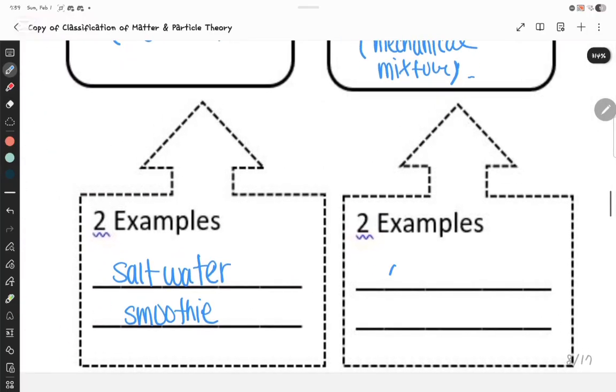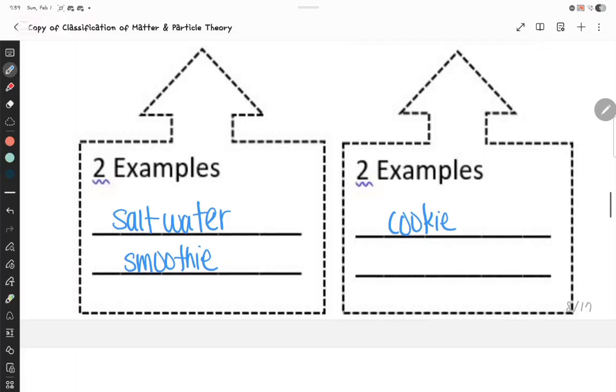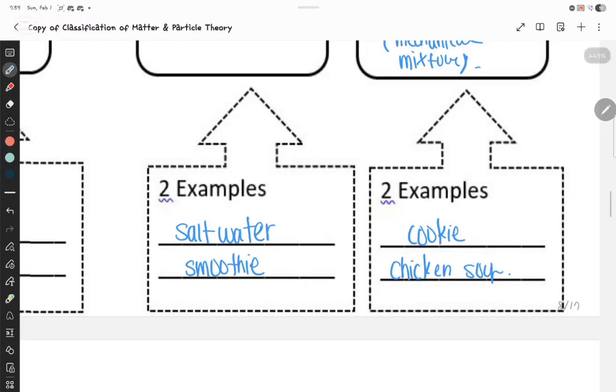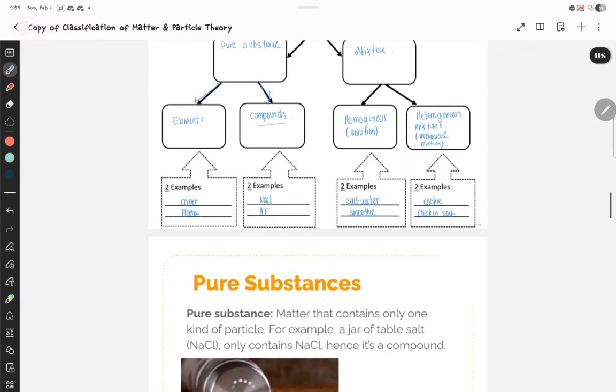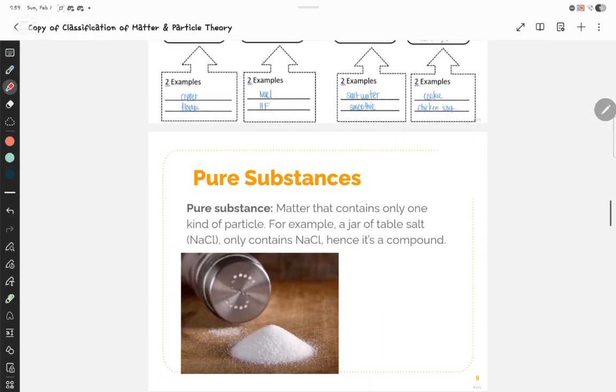Heterogeneous, say a cookie, and, I don't know, chicken soup with chicken, of course.